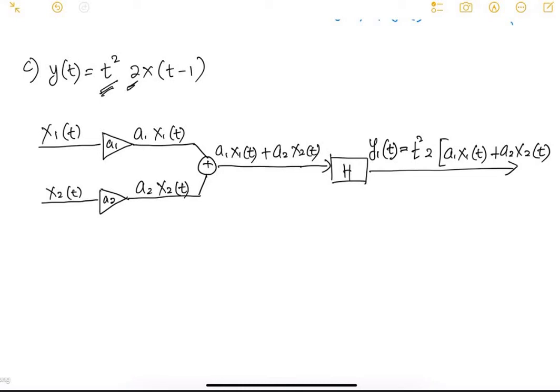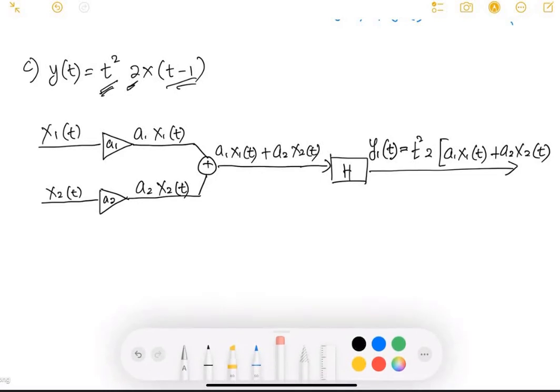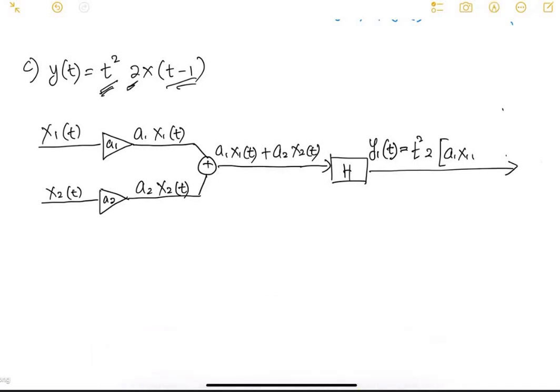Sorry, the system is x(t−1) multiplied by t squared, so the output is a1 x1(t−1) plus a2 x2(t−1), each multiplied by t squared.